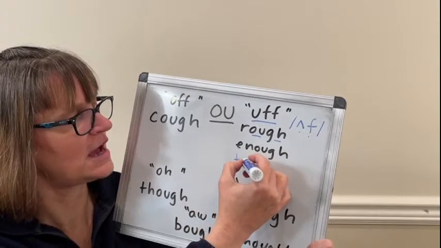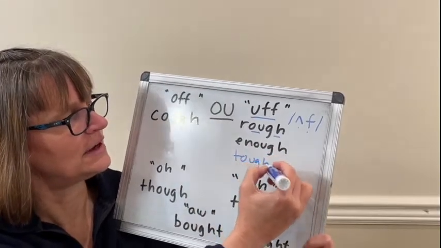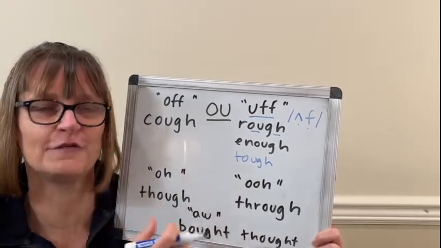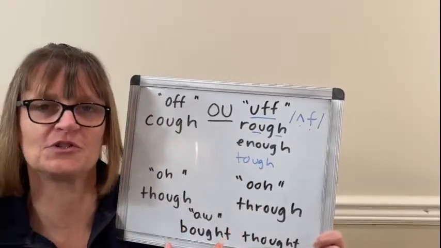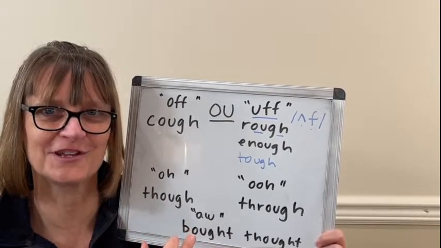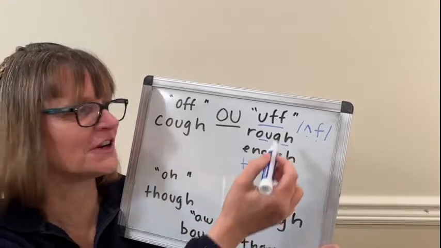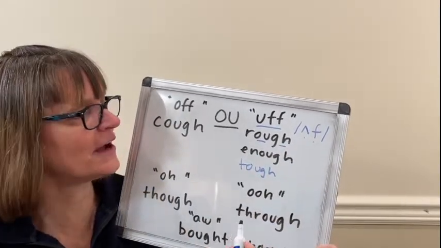enough, tough. And so when you see that OUGH, to know that that should say uff. First of all, learning which words do which for these common everyday words can be very useful. And then in addition, being able to look up a word in the dictionary and look for that symbol can be very helpful.